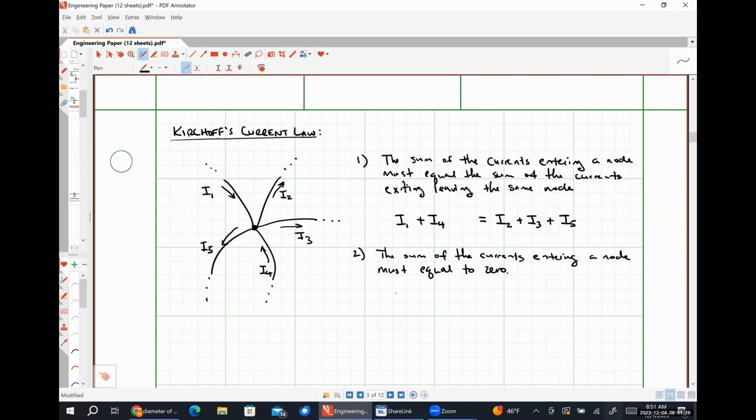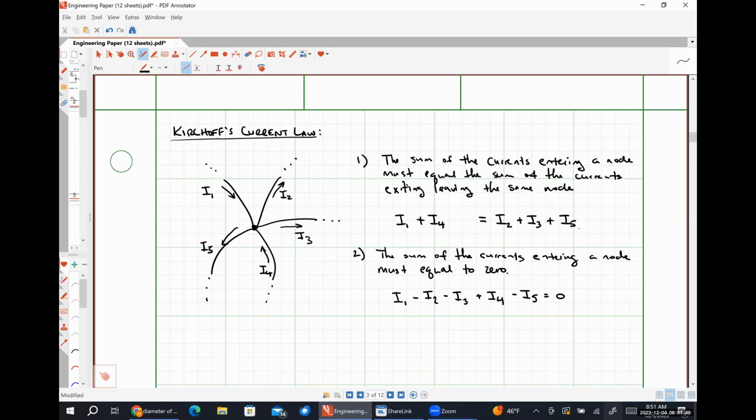So this would look like I1 minus I2 minus I3 plus I4 minus I5 is equal to zero. It is the exact same equation that we got for our first formulation, except that we moved everything from the right-hand side of the equal sign over to the left-hand side. So they are mathematically identical because these two things mean the same thing.